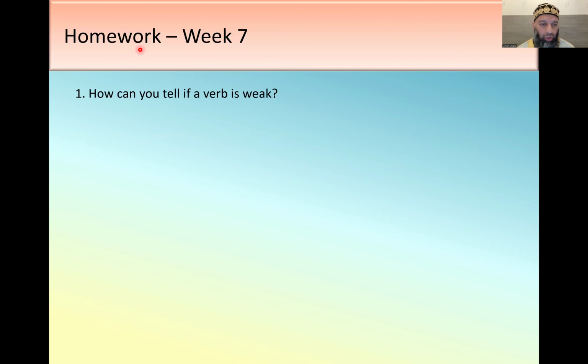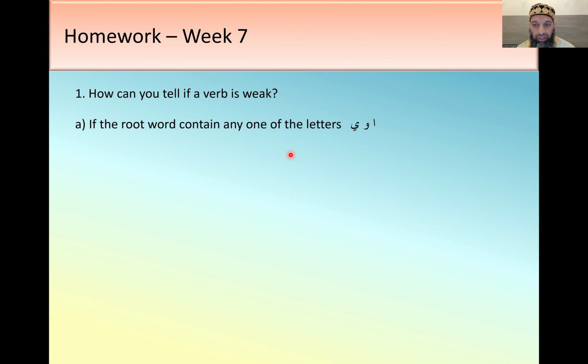So the homework was, how can you tell if a verb is weak? And the answer is, there are two answers. One is if the root word contains either an alif, a waw, or a ya, then that verb is weak.